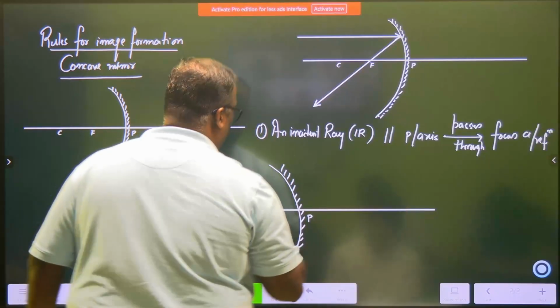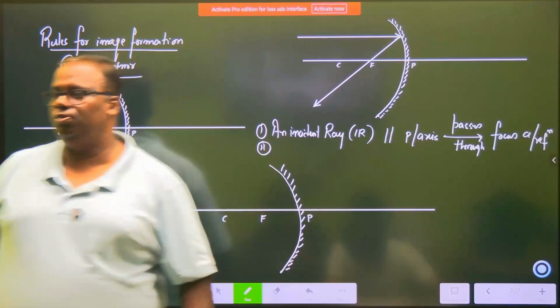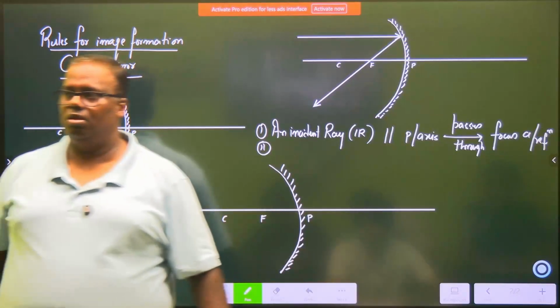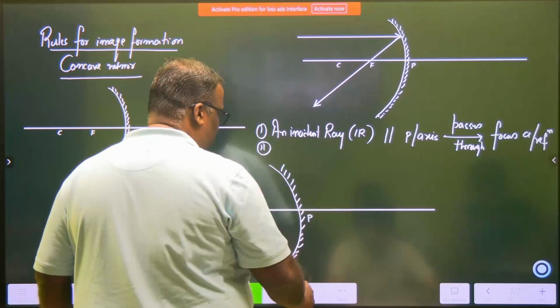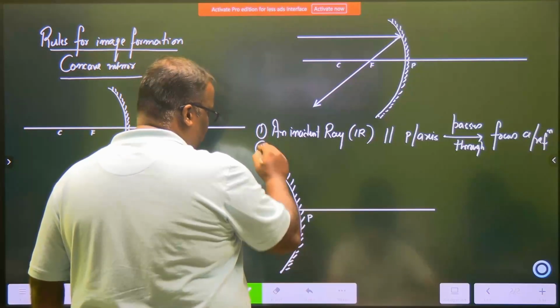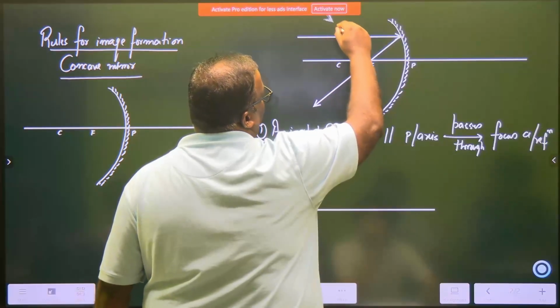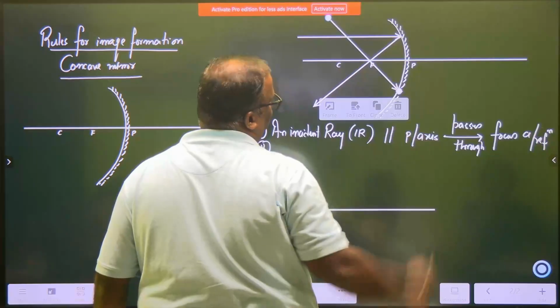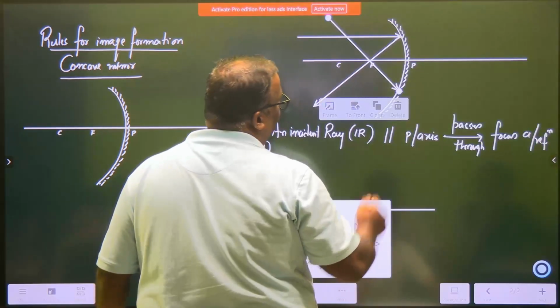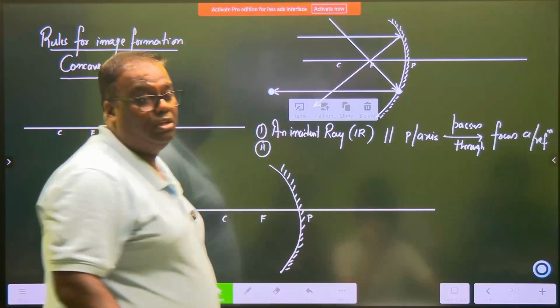Okay, children, next rule. Rule number 2 is just opposite of it. So I will first draw the rule so that you can understand how to frame the rule. A ray of light, incident ray, passing through the focus will become parallel to principal axis after reflection.